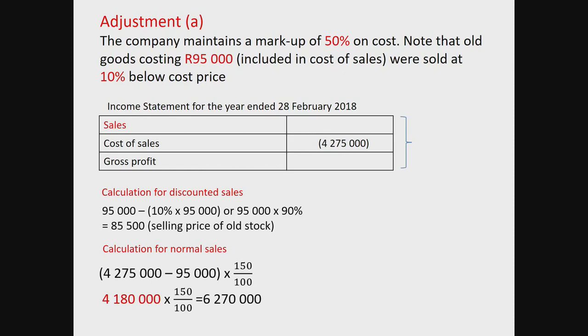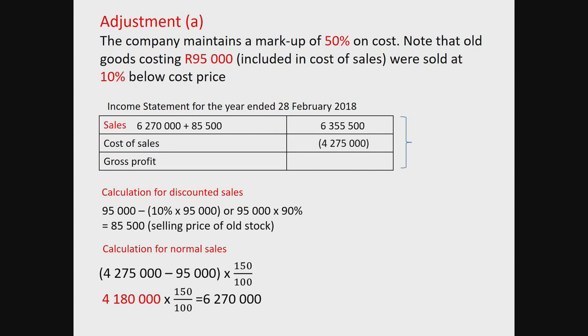Then the total sales will be 6,270,000, and you're going to add the 85,500, and then we'll get the answer for the sales, which will be 6,355,500. Okay, that will also be the first line of your income statement.